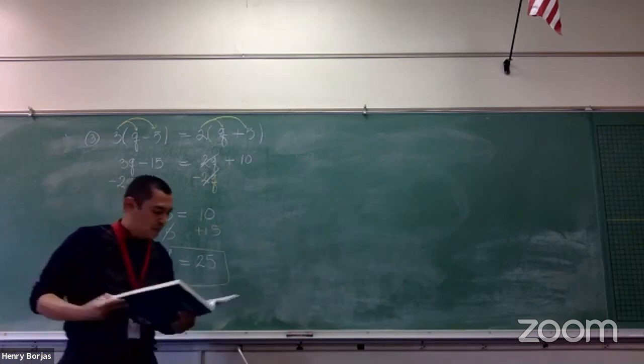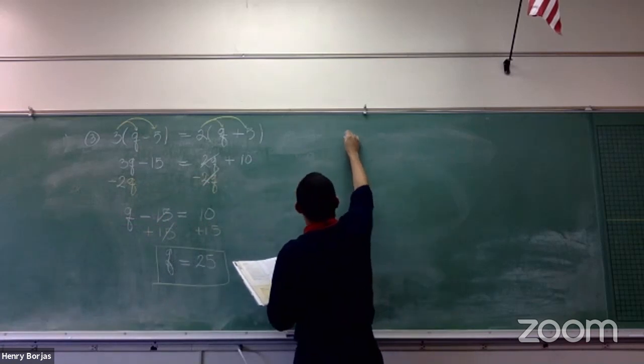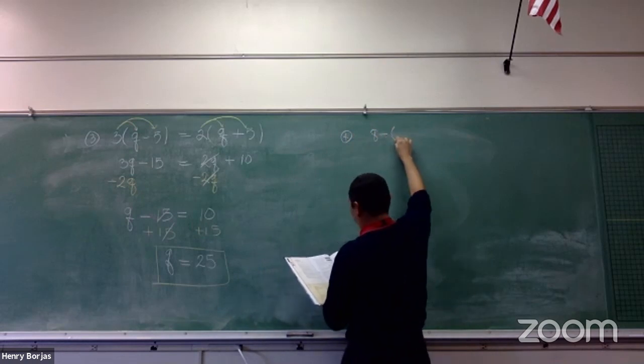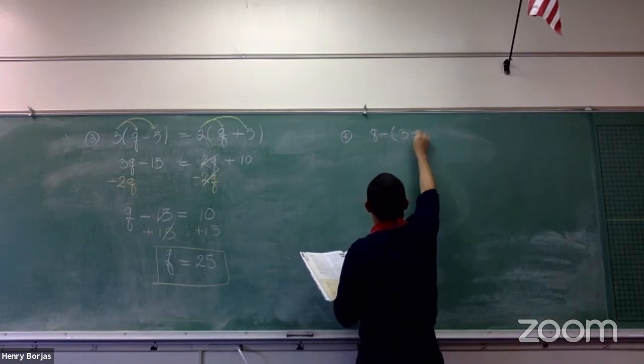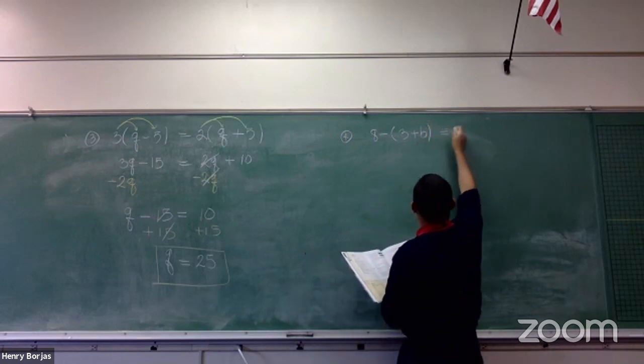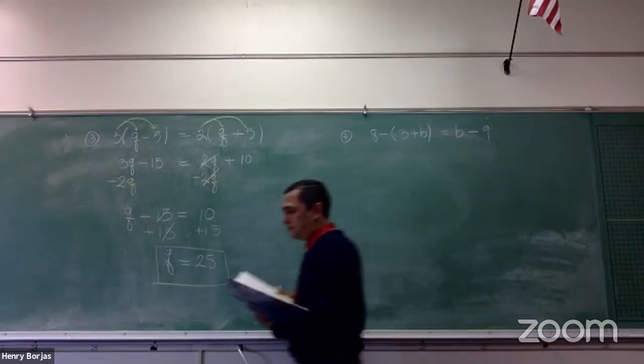That one is, this is going to be number 4. So I have A minus parentheses 3 plus B equals B minus 9.